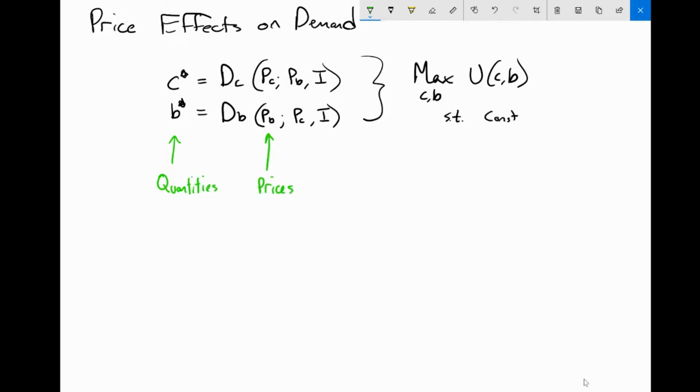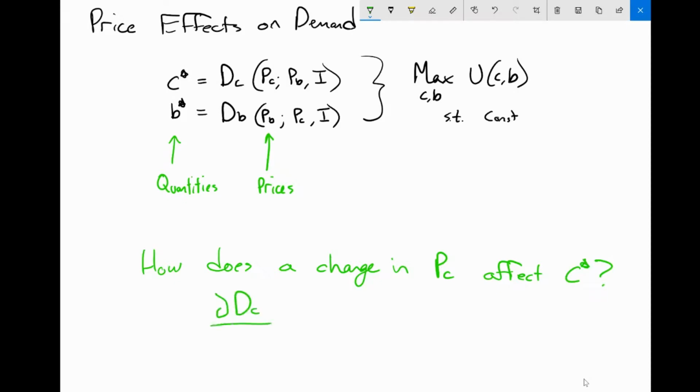So today I want to look very carefully at the issue of how a change in price, let's just focus on coffee, affects the quantity of coffee demanded. We might even say, I want to know the derivative of the demand for coffee with respect to the price of coffee. We are going to do a very detailed and thorough job today talking about this.